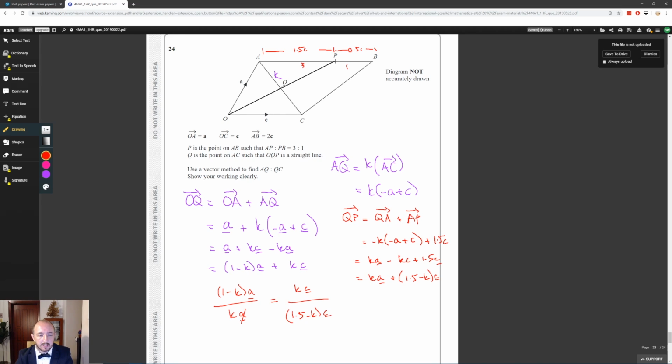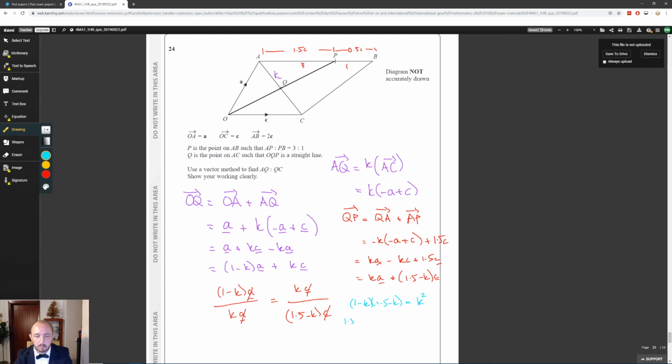I'm just going to cancel out these because they're not necessary anymore. So let's do it in a different color so it's easier to see. We now have 1 minus K. I'm going to cross multiply the K's and these brackets here to get (1 minus K)(1.5 minus K) is equal to K times K, K squared.